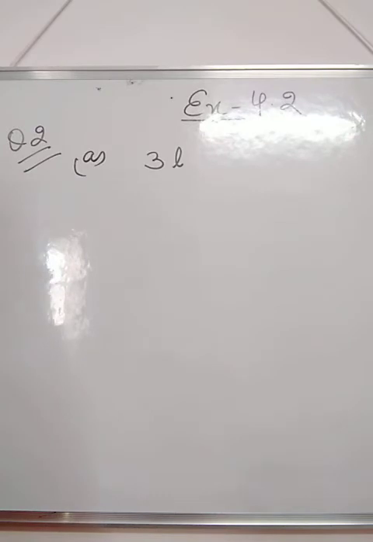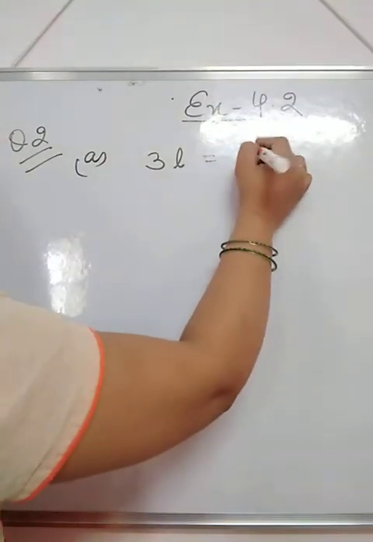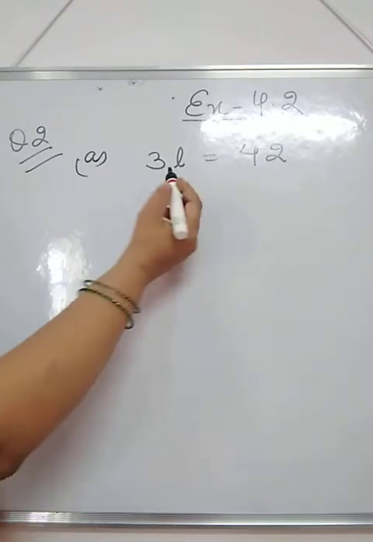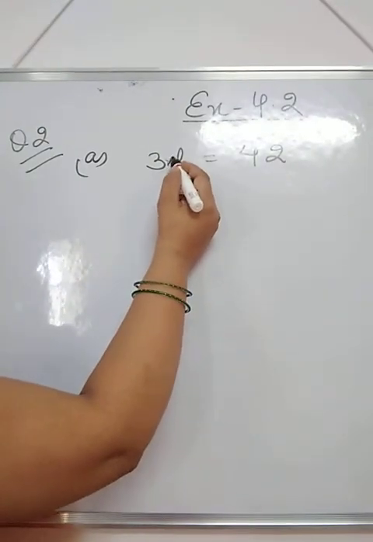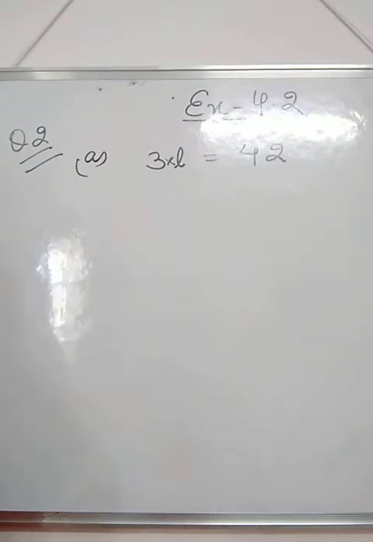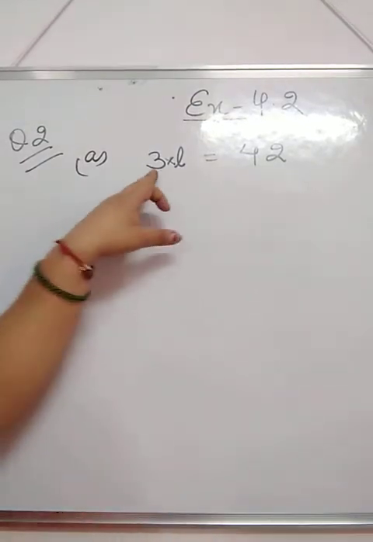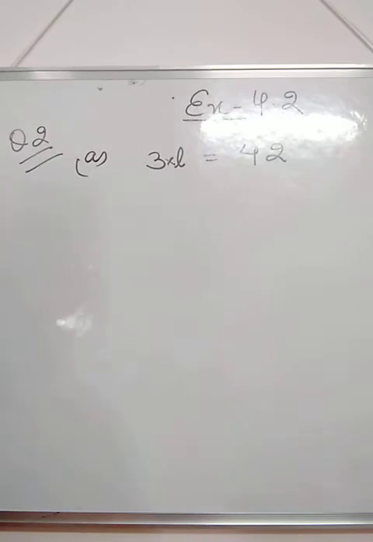As you know, the opposite operation of multiplication is division, and the opposite operation of division is multiplication. So if there is no sign between 3 and L, it means there is a sign of multiplication between them.